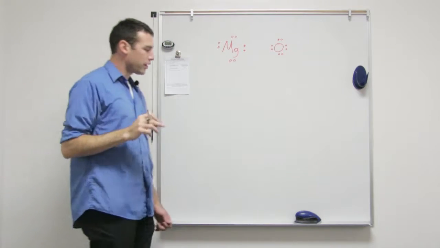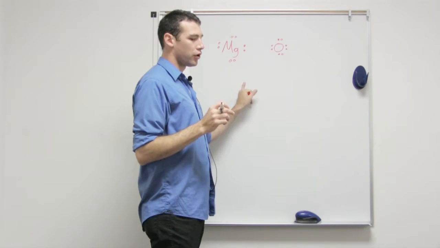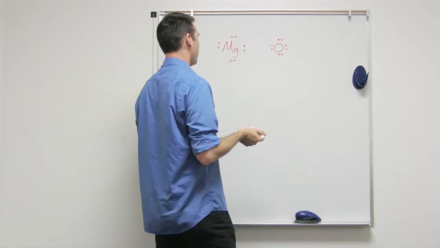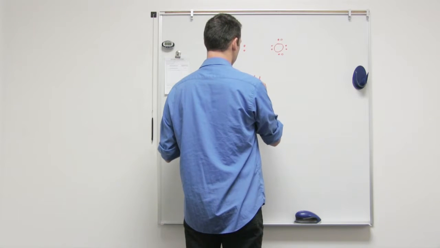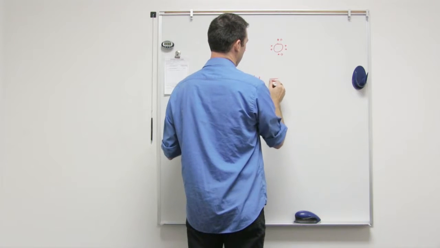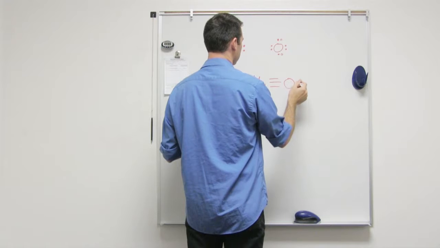So the question is, why doesn't this simply form a molecular compound? Why doesn't it just go like this, magnesium 2, and then oxygen will share its electrons?